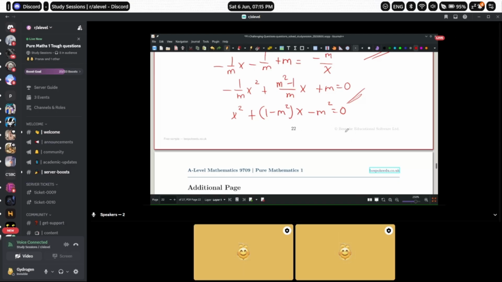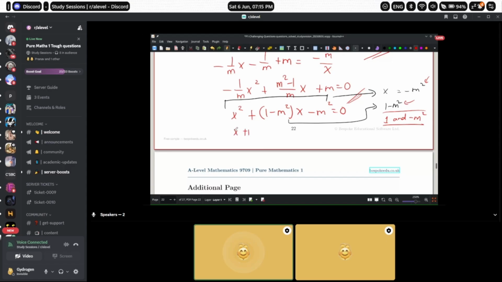Anyways, yeah, so you can factorize this by looking at the leading coefficient and this. Multiply them, you get minus m squared. And then you need two numbers where if you add them, you get 1 minus m squared. So you see that those two numbers are simply 1 and minus m squared. Because if you add these, you get this, and when you multiply, you get this.